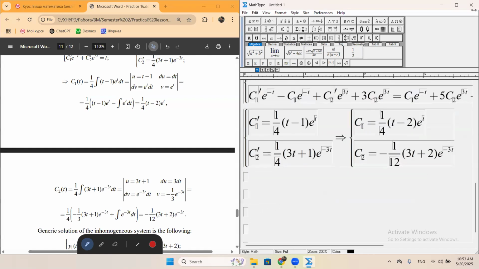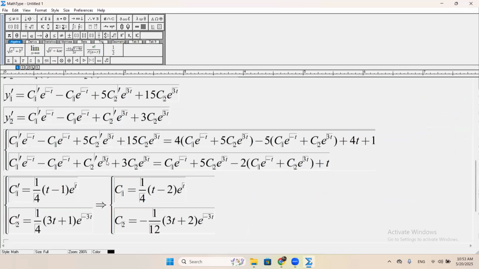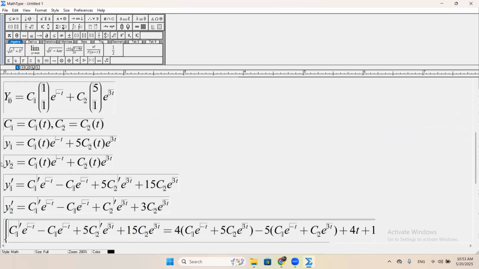So now substituting them into these solutions.